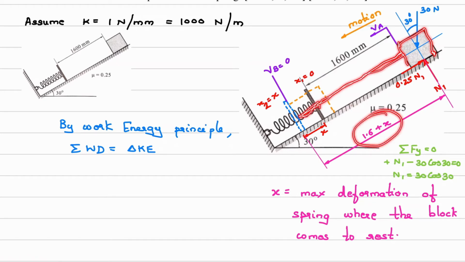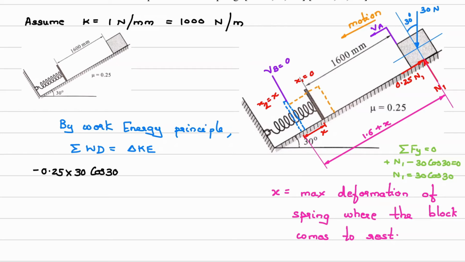So the work done by friction force will be minus 0.25 N1, and N1 is 30 cos 30, times the displacement, 1.6 plus x. This work done is because of friction.